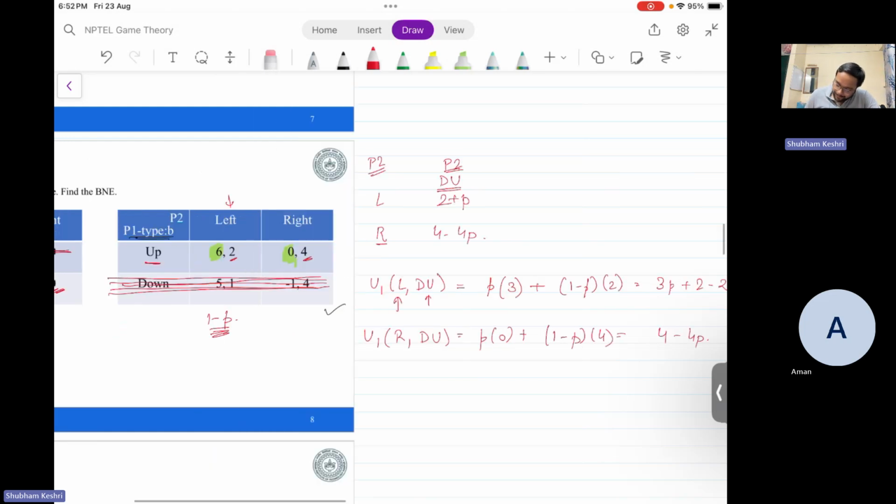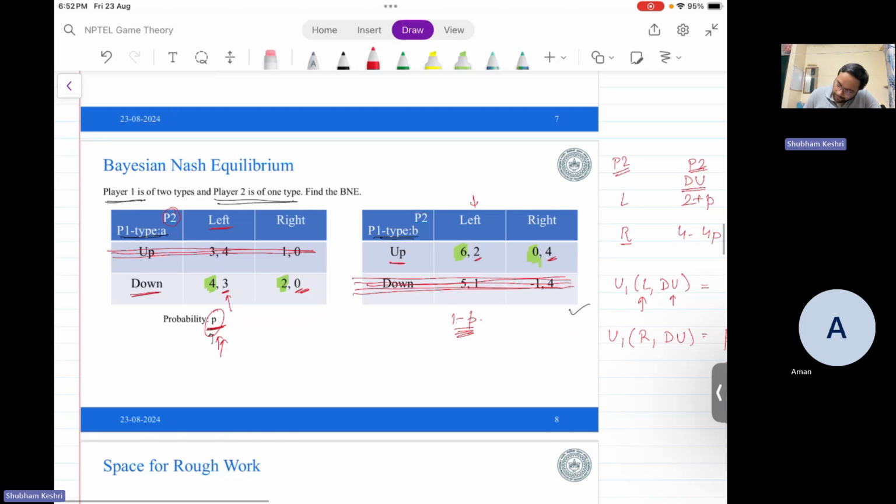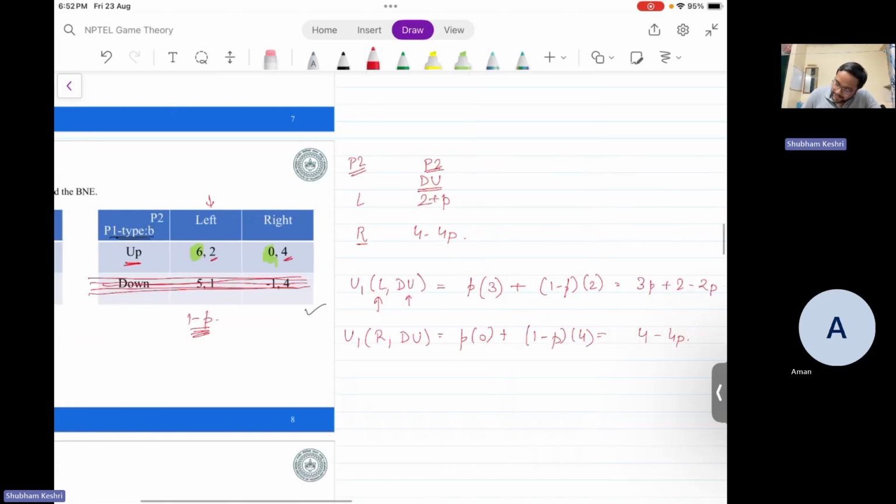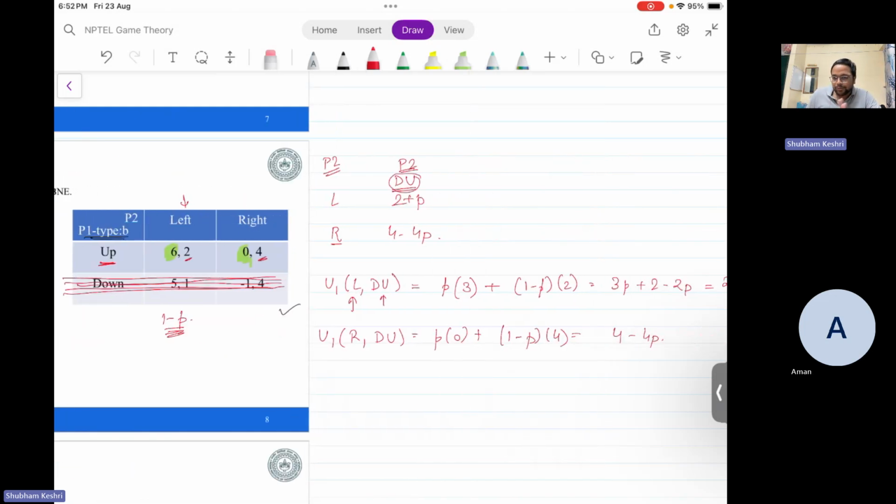So we have found the best response of player 1, DU: player 1A will play D and player 1B will play U. Now we have to find the best response of player 2.